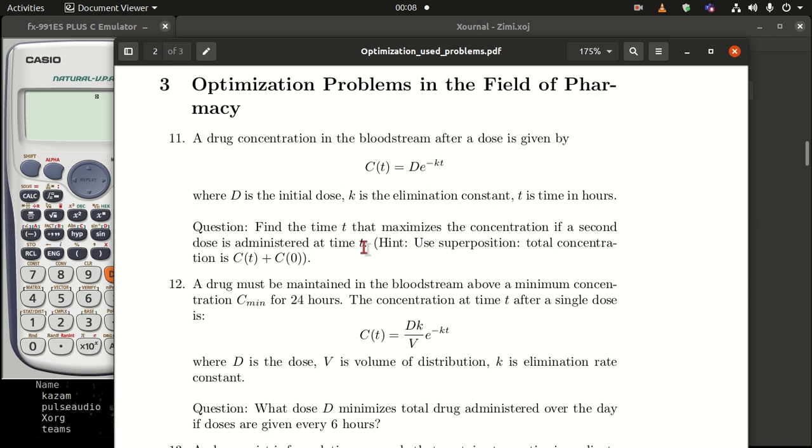And then when you are injecting the second dose, you want to make sure that you get the maximum total concentration of these two doses. Now, what will be the time T so that you can get the maximum concentration?